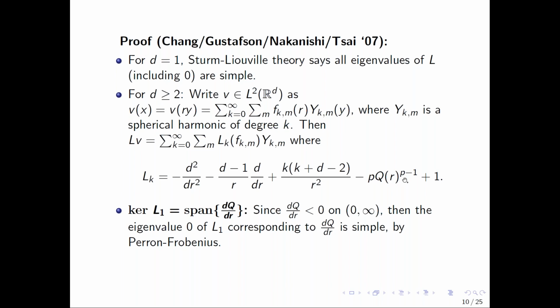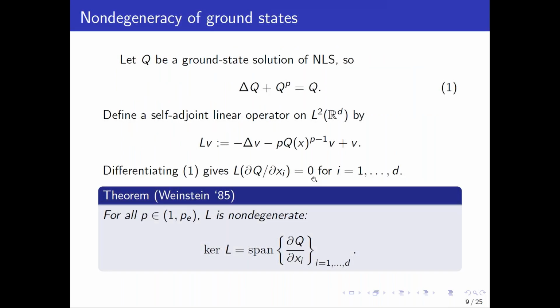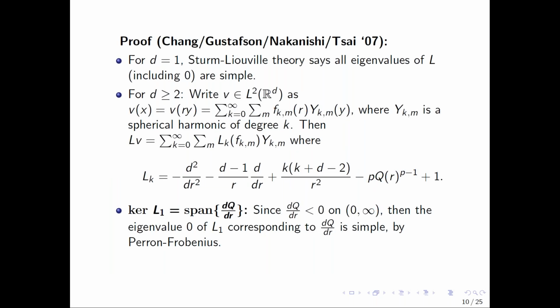It's just a constant over r squared, minus this potential q of r to the p minus 1, plus 1. So I should have said that what we're looking at here is really a Schrodinger operator in Rd with potential. We're asking about the spectrum of the Schrodinger operator. We're trying to show that 0 is a d-dimensional eigenvalue in the spectrum of the Schrodinger operator.